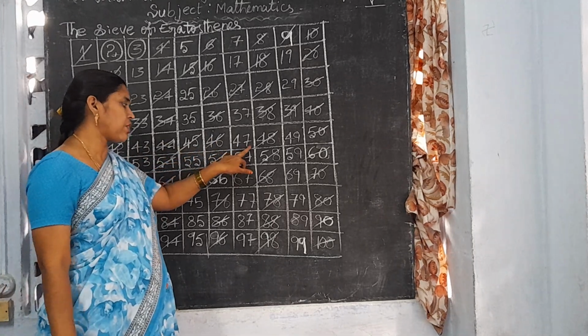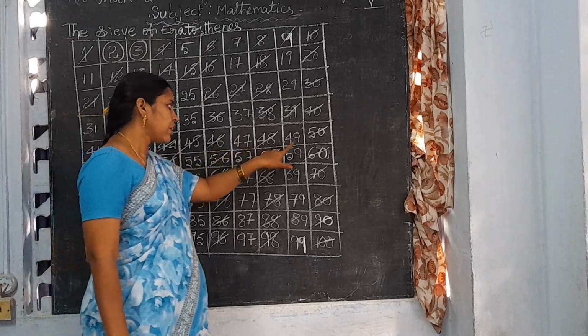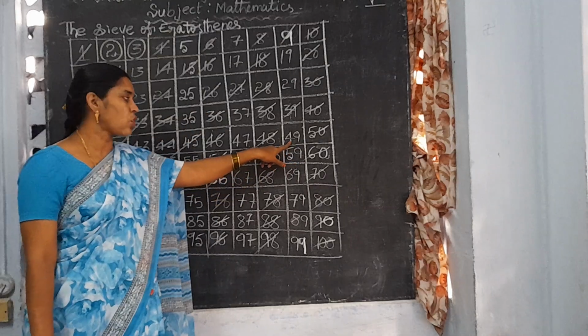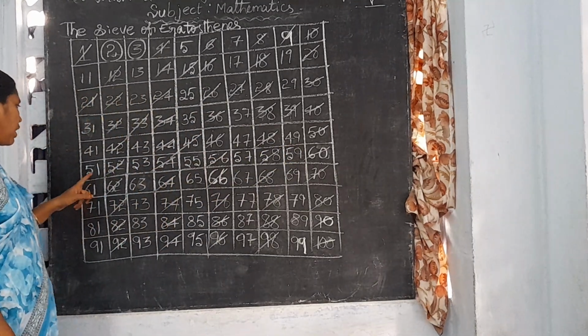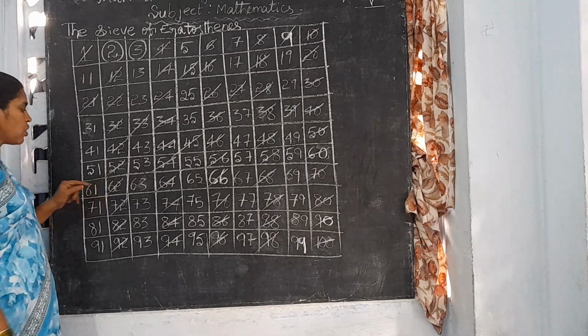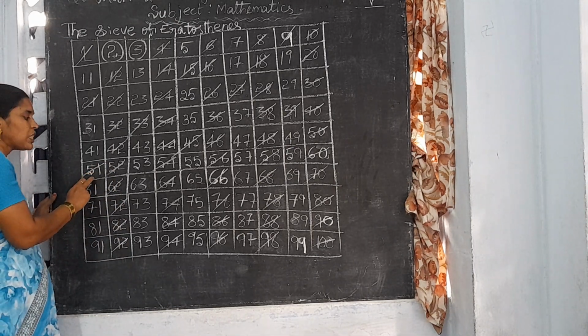Now 4 plus 7, 11. 11 is not divisible by 3. So leave it. Next 4 plus 9, 13. 13 is also not divisible by 3. Then 5 plus 1, 6. 6 is divisible by 3. So for this number 3 is a factor. So it is a composite number.